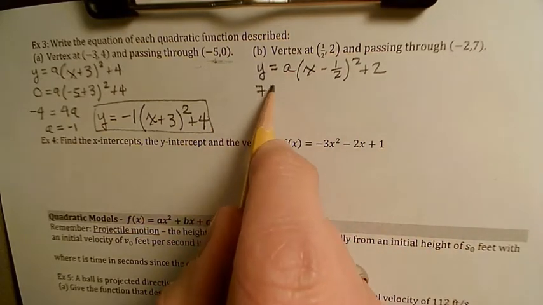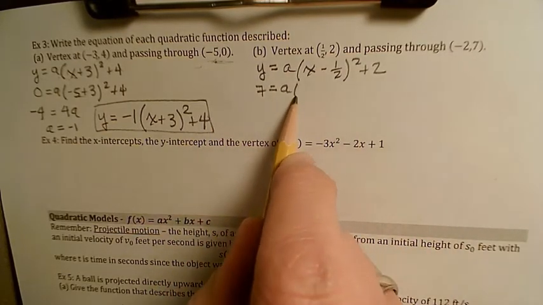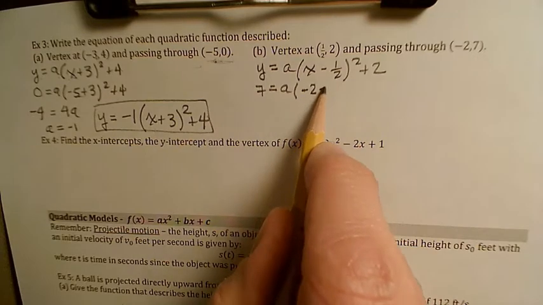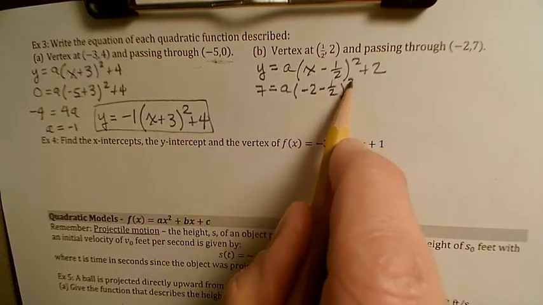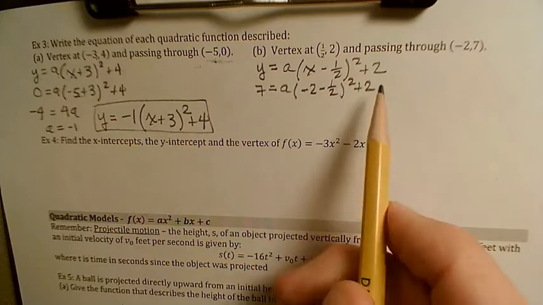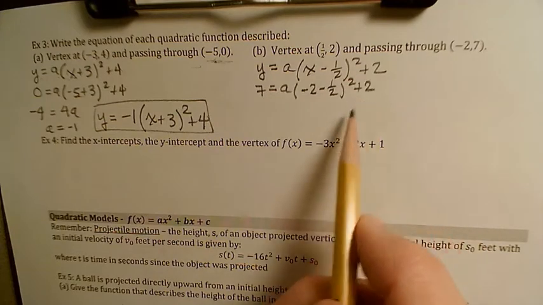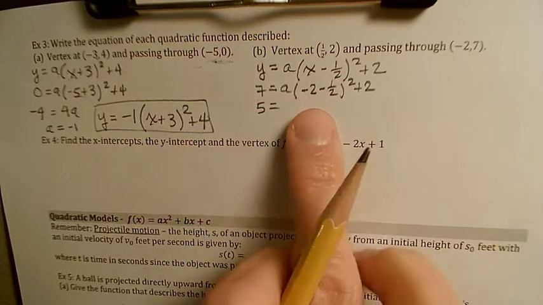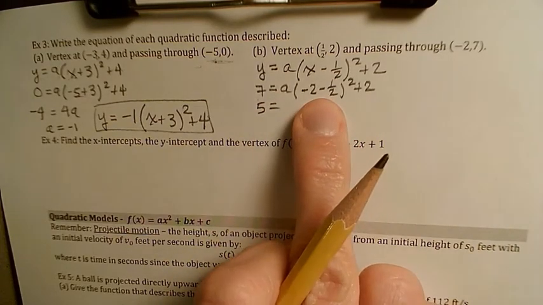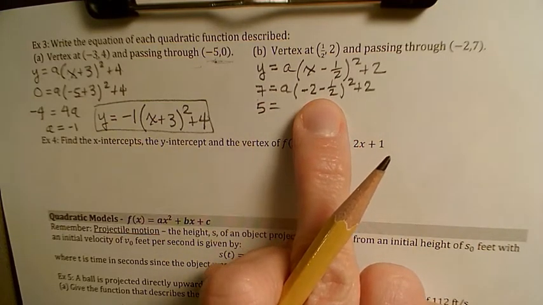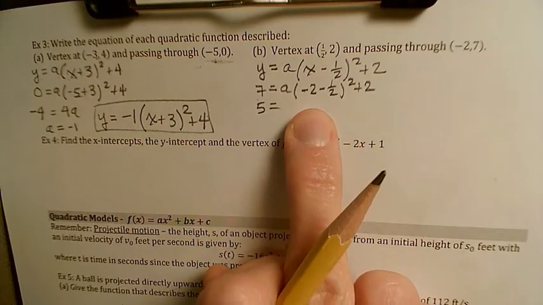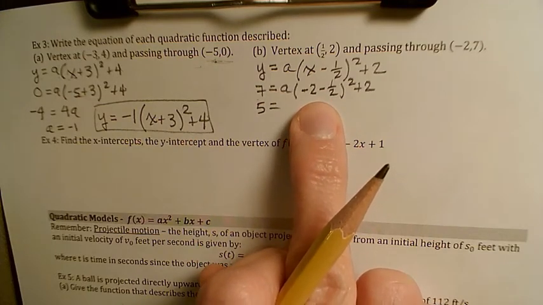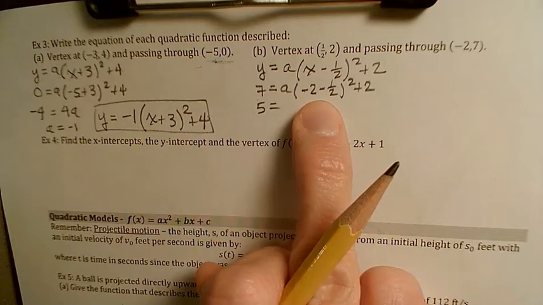So we have 7 is equal to a times (negative 2 minus 1/2) quantity squared plus 2. Let's move that 2 to the other side. So that's 5. And this is going to be negative 2.5. So let's call that negative 5 halves.